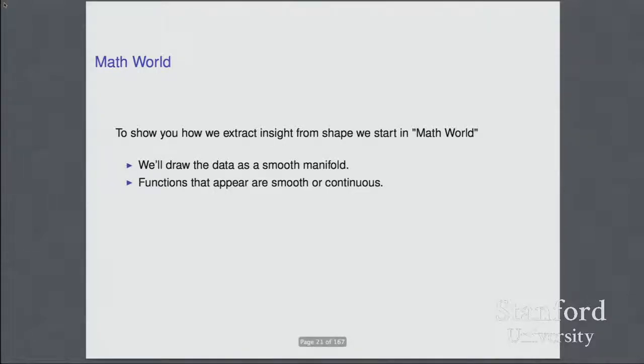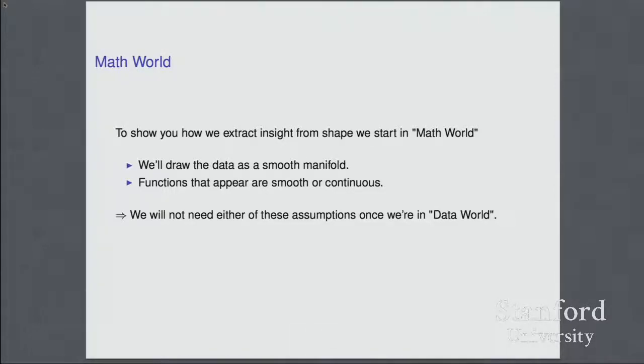And when I say function or lens, you should think something smooth, continuous, nice in whatever class of functions you want to consider, because that's going to give you the right intuition and internal mental picture. But we don't need any of these assumptions when we're actually in data world doing the analysis. All the things that I'll describe will go through without modification.